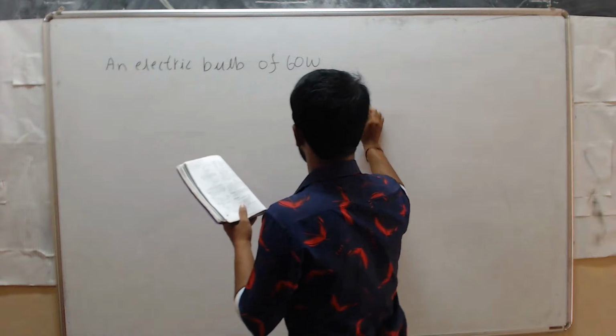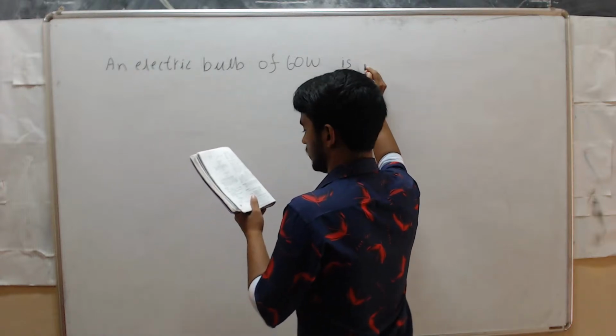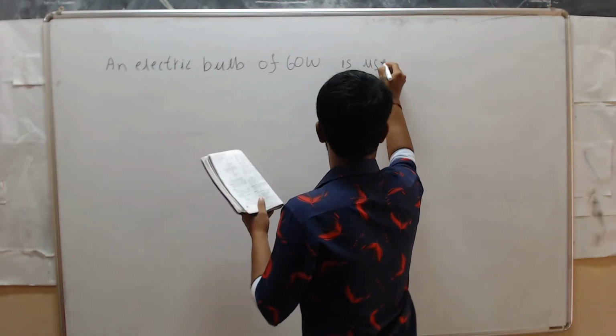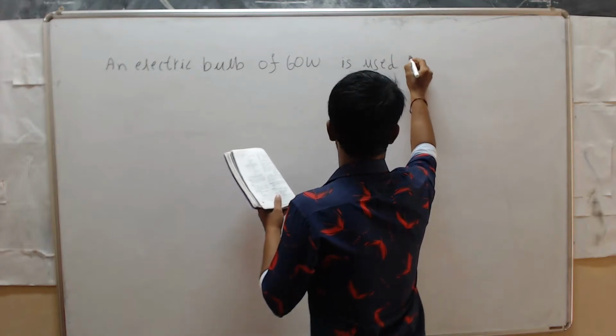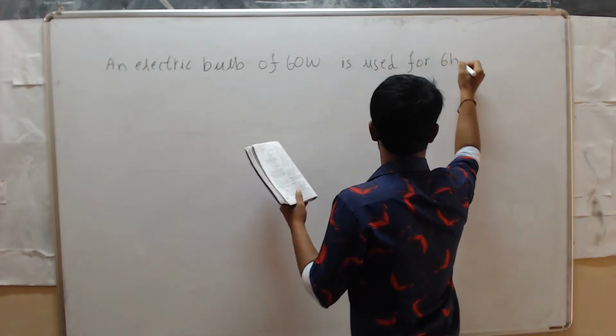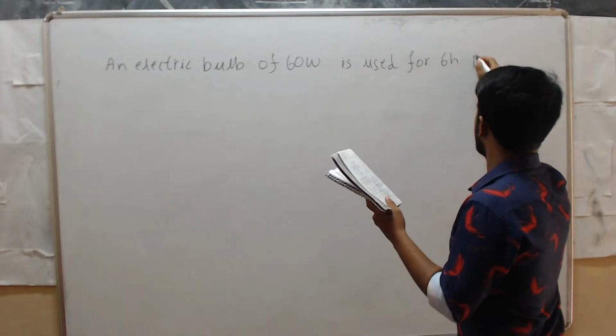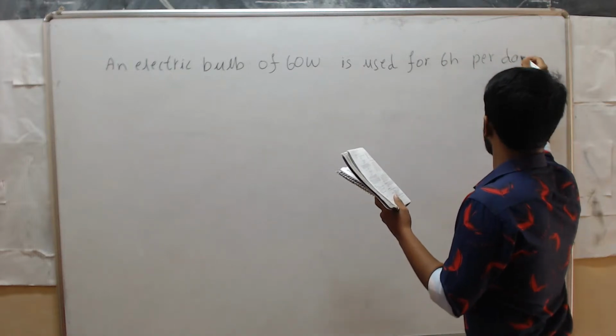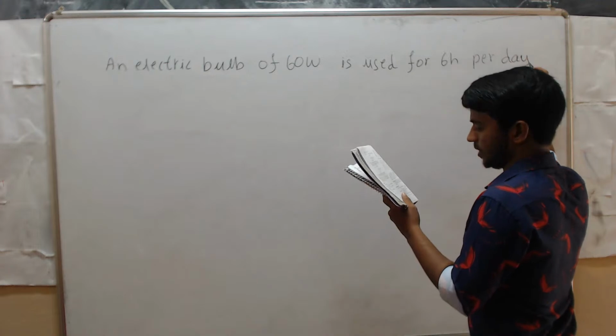An electric bulb of 60 watt is used for 6 hours per day.